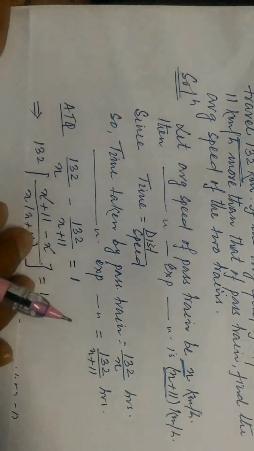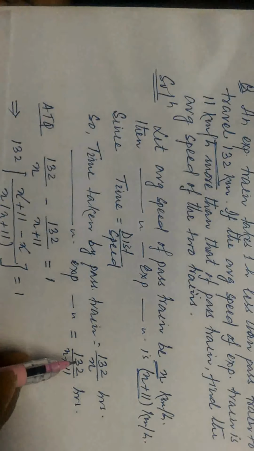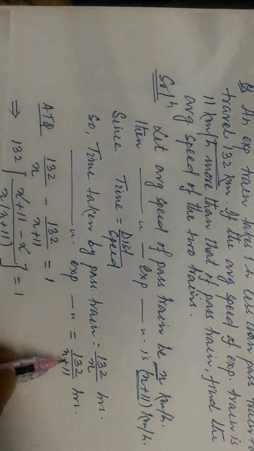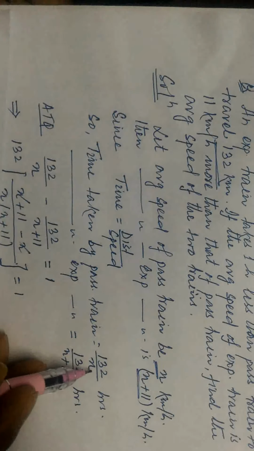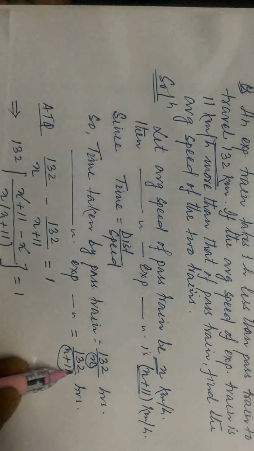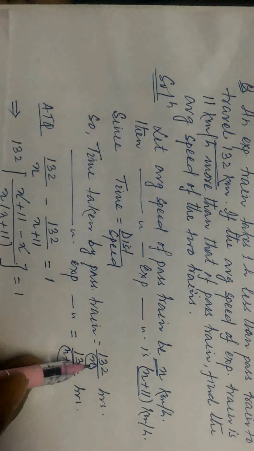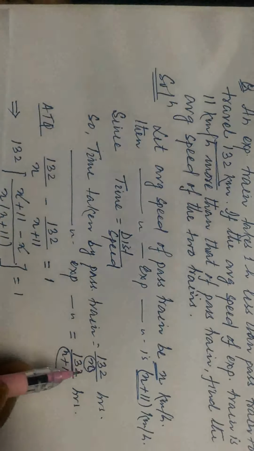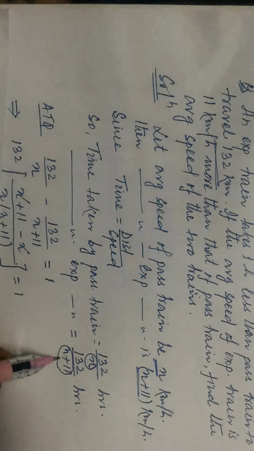Now, here you have to be very careful. Which one is more? You need to understand the fraction. If the denominator is less, it means that quantity is more. Here the denominator is x and here the denominator is x plus 11. So the denominator is less here, or otherwise, the denominator is more there, which means the quantity is less.